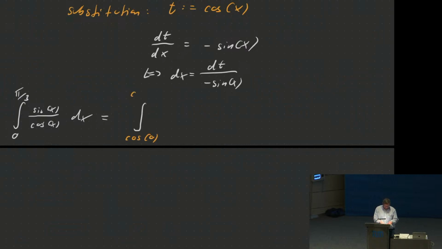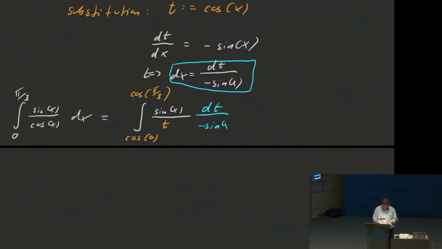So that's cosine of 0 and cosine of pi over 3. And then we have sine of x here. We replaced the cosine of x by t, that's our substitution, and then we have this dx expression here, and we replace that by dt over the negative sine.